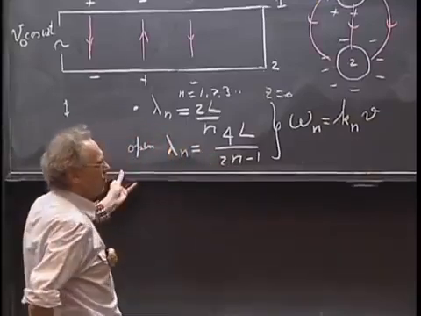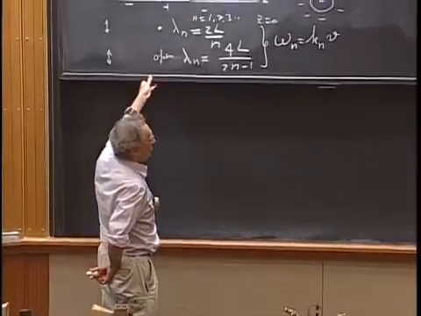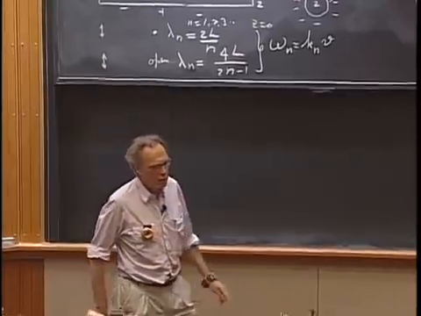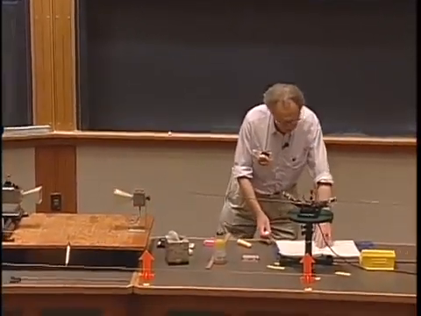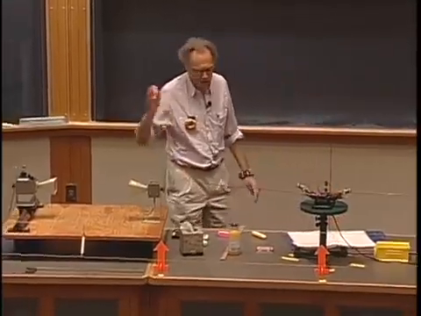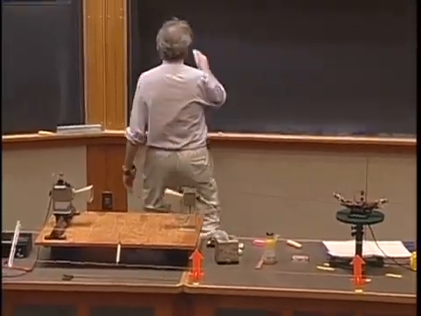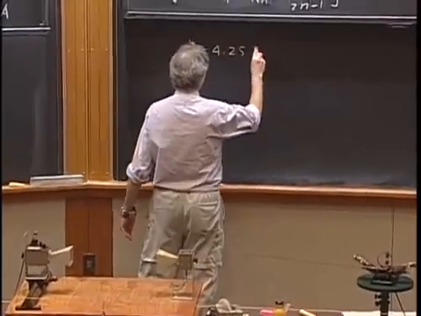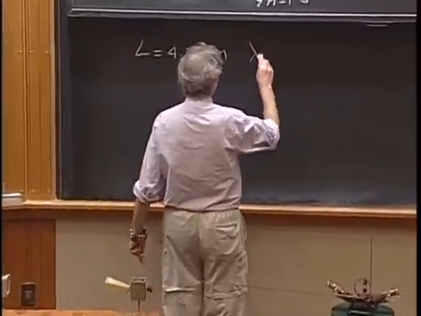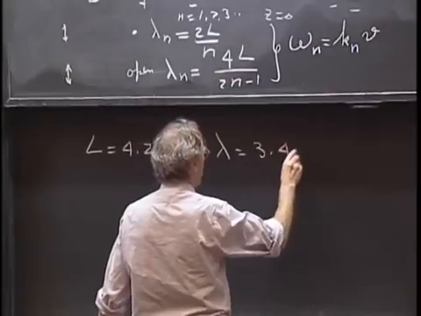And so the way I'm going to do this demonstration for you, we have chosen the length of these wires such that the system is at resonance when it is open. So we have a length which is 4.25 meters. The wavelength is 3.4 meters.